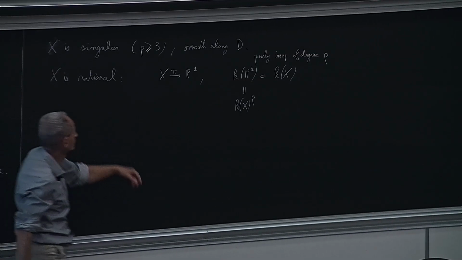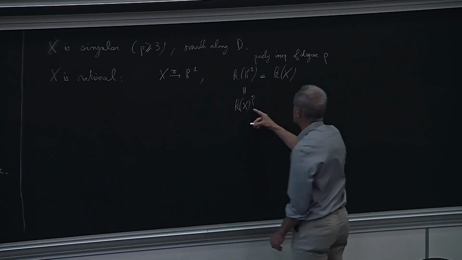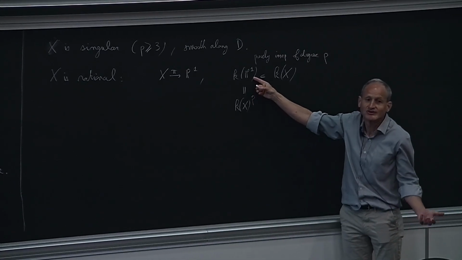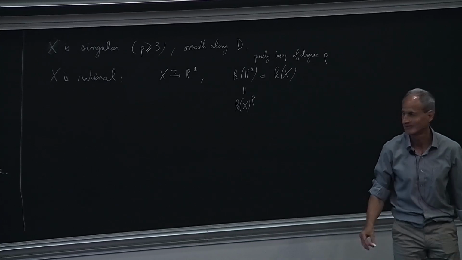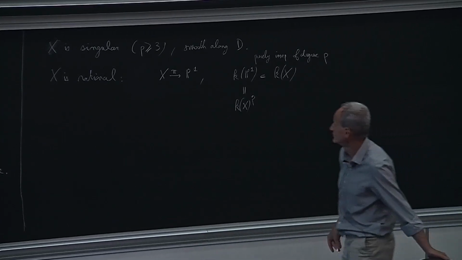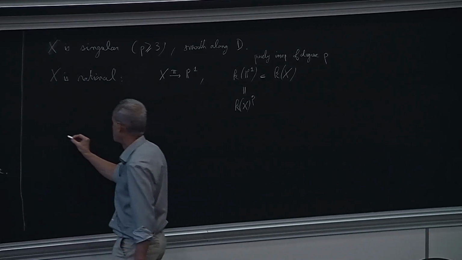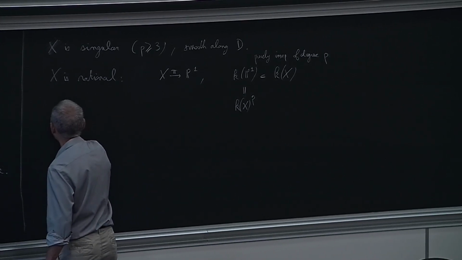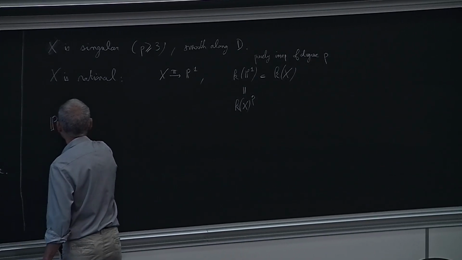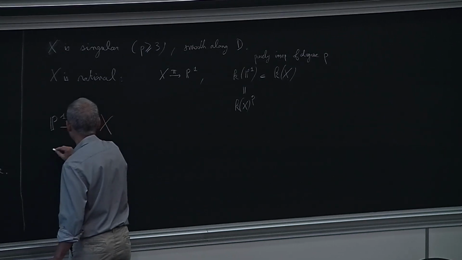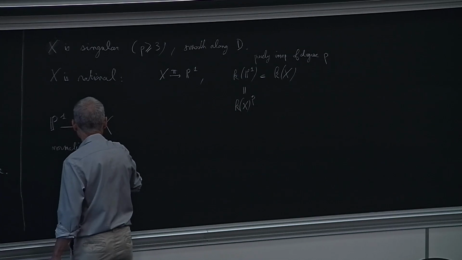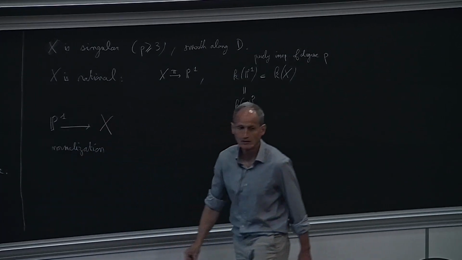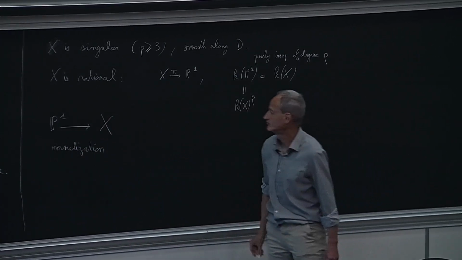But you see that the original field is transcendental. Okay. So what you get is indeed a singular curve, and it has a unique resolution of singularities. That's the only way to resolve singularities.